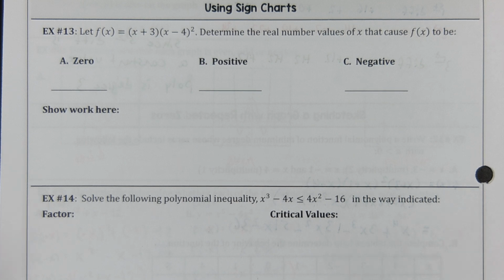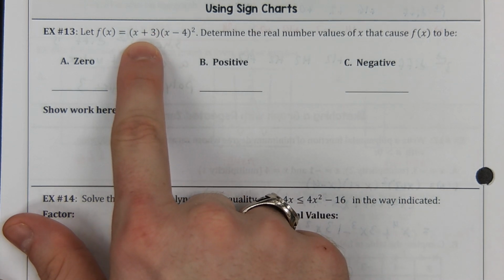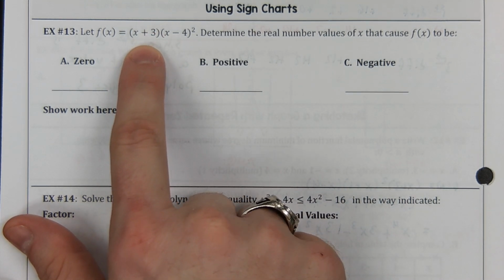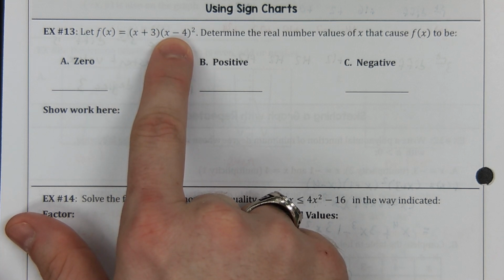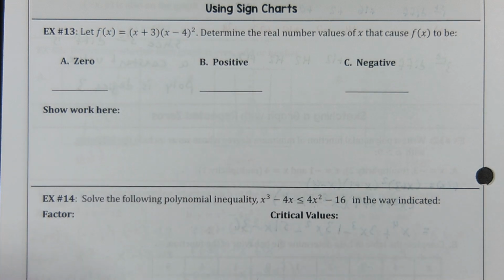And I can see that my graph hits the x-axis at -3 and +4. That's when f of x equals 0.